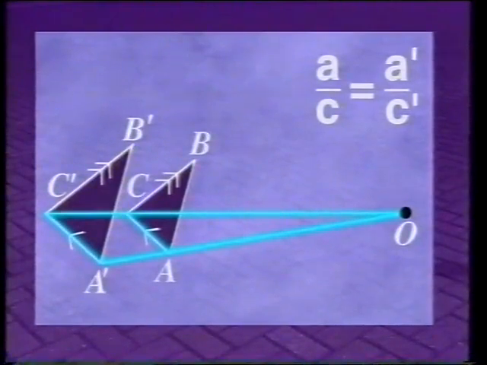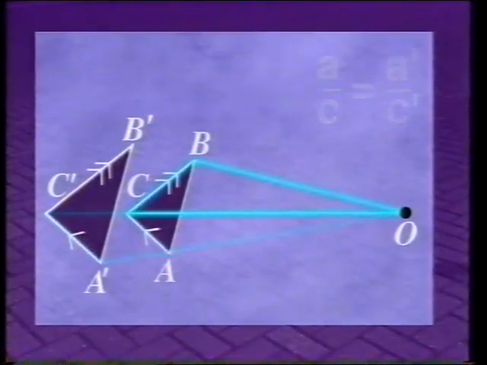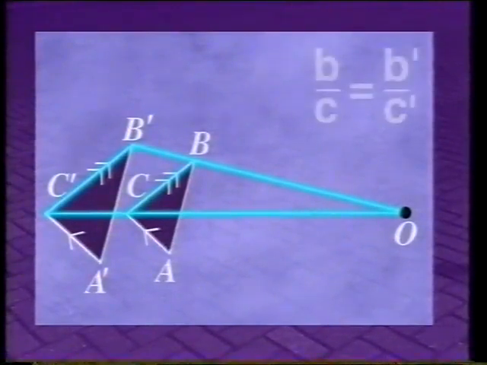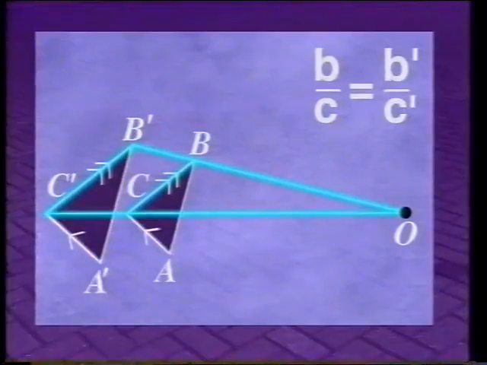Similarly, when we look at the similar triangles OBC and OB'C', because the lines marked with a double arrow are parallel, we deduce that B over C is equal to B' over C'.